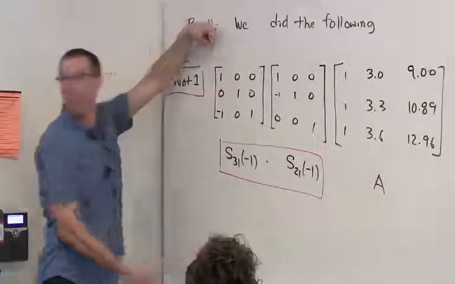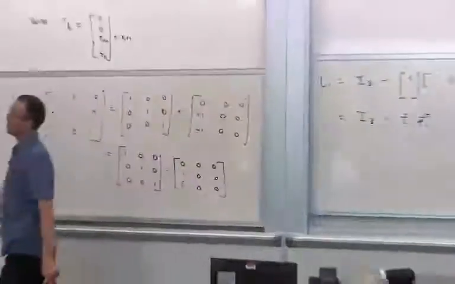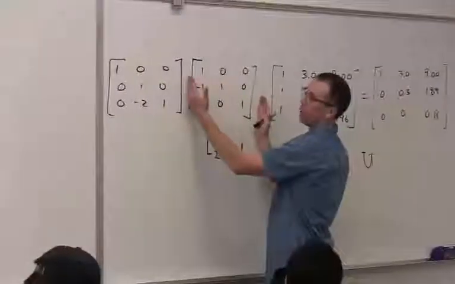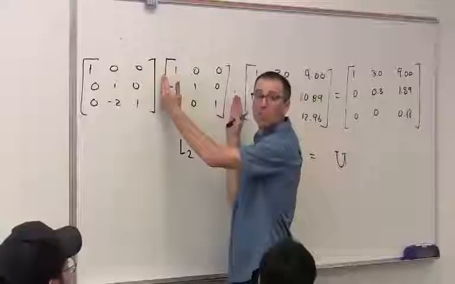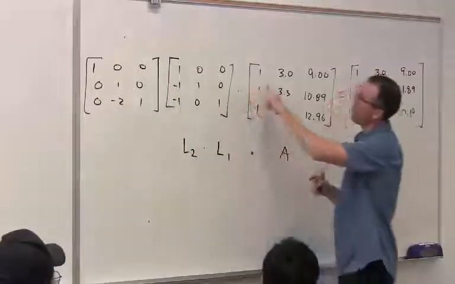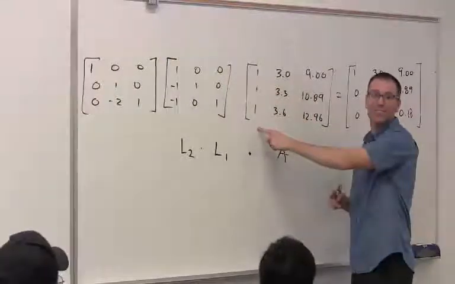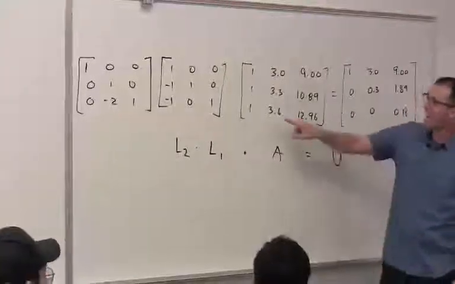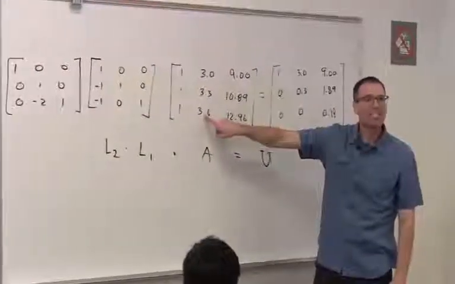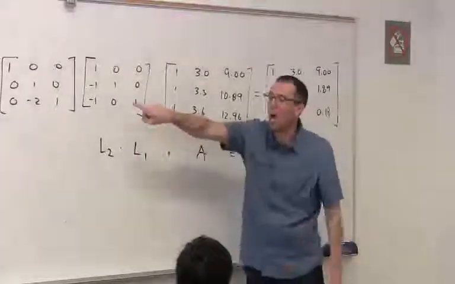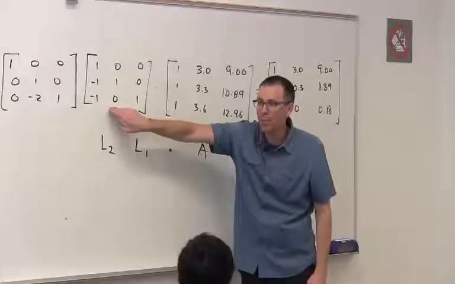Then this Gauss transform, this entire matrix, which was the sequence of shear matrices used to zero out everything under the first pivot, got rid of all of these. What did this Gauss transform do? It actually didn't get rid of the 3.6, because the 3.6 was no longer 3.6 by the nature of this thing.